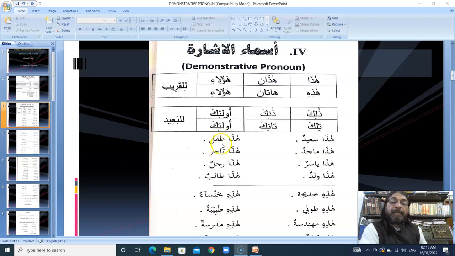But if the musharun ilayhi is definite, in that case you have to say hadha tiflu, this child. So now it is not a sentence because it is not giving the full sense.